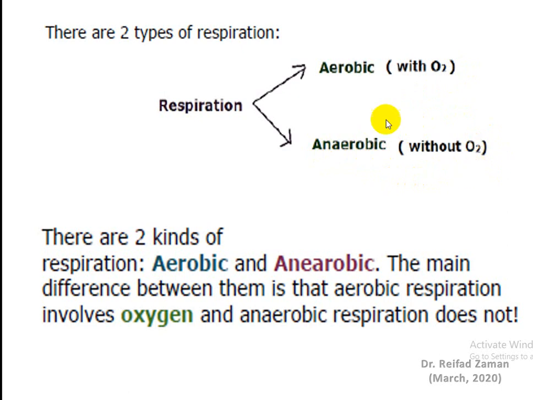So the main difference is that aerobic respiration requires oxygen, while anaerobic respiration does not need oxygen. There are some organisms that can respire aerobically, whereas other organisms respire anaerobically. And there are lots of organisms that can respire both aerobically and anaerobically.